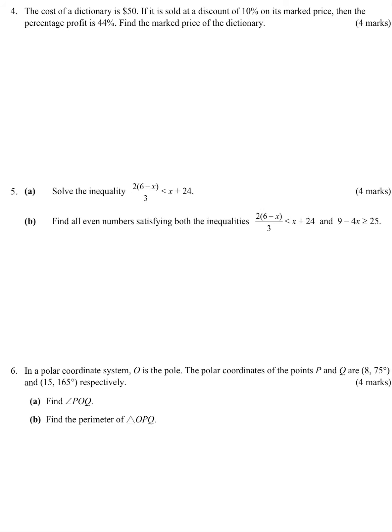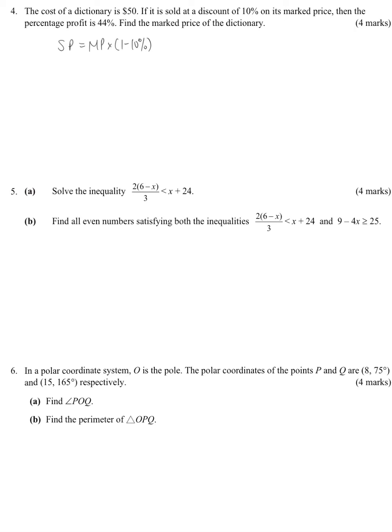And then for the 4th question about the percentage, the cost of a dictionary is $50, and it is sold at a discount of 10% on the mark price. So this SP was actually by giving a 10% discount. Okay, then the percent profit is 44%.